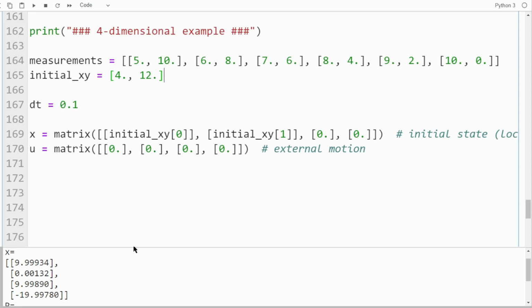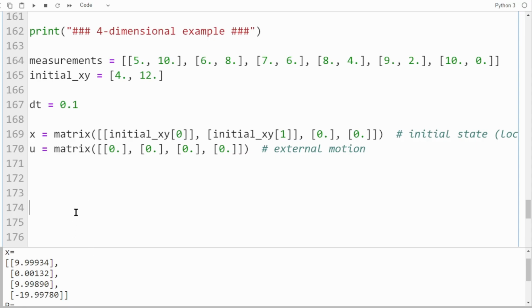The interesting thing that I want your program to produce is the velocities. They are approximately 10, which makes sense given a delta t of 0.1 gives us per time step a 10 divided by 10 equals 1 increment over here. And the second velocity is minus 20 multiplied by 0.1 gives us a minus 2. And you can see it over here, 10, 8, 6, 4, and 2.